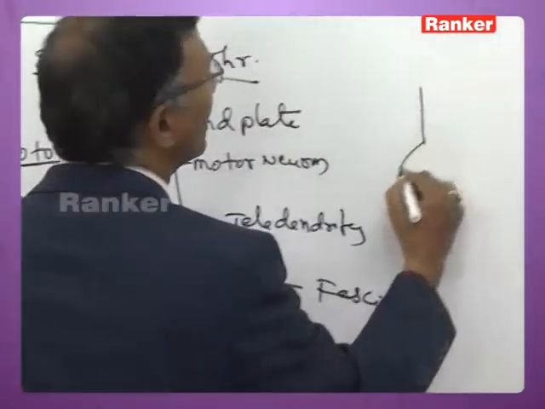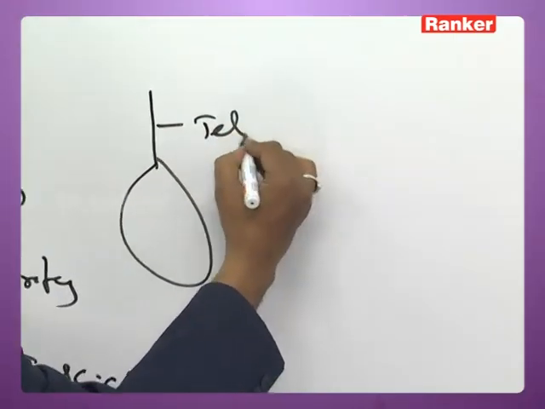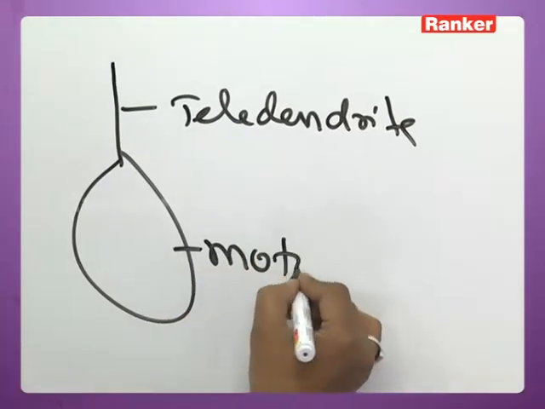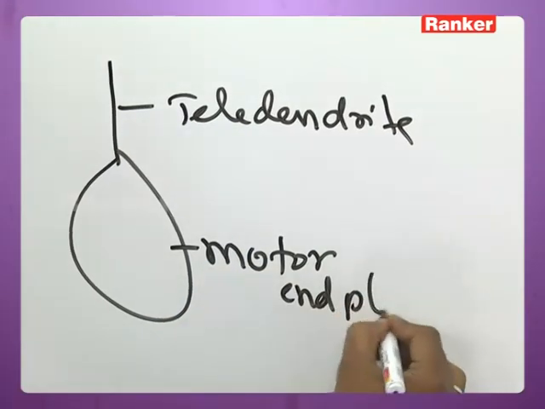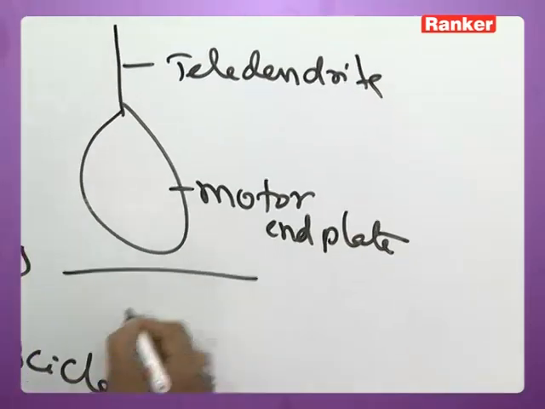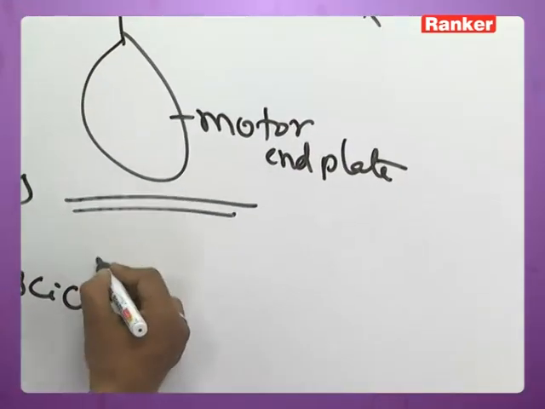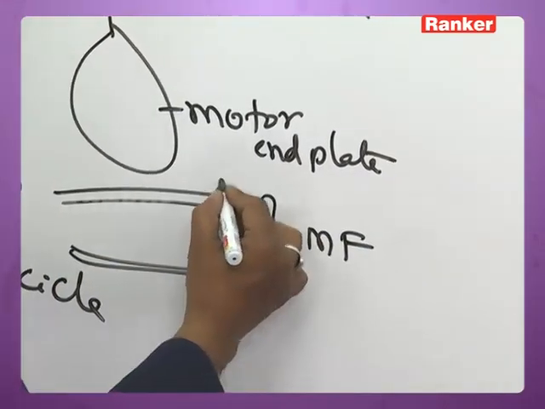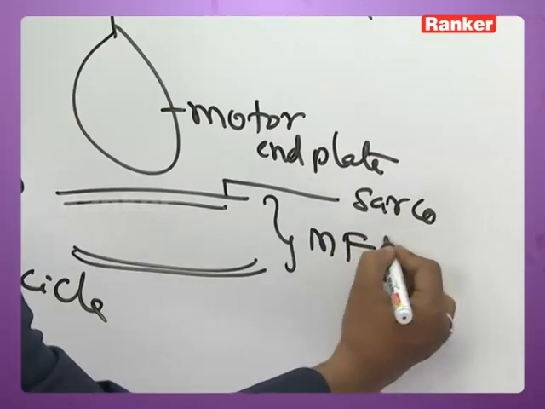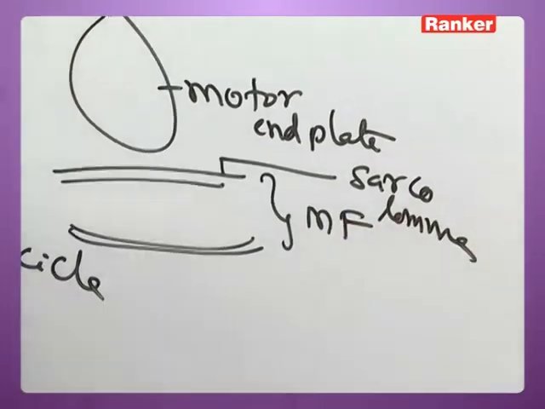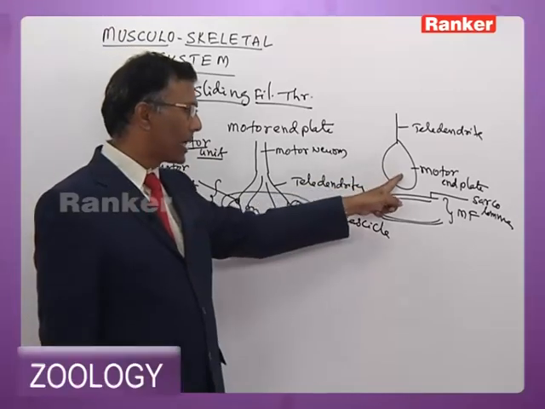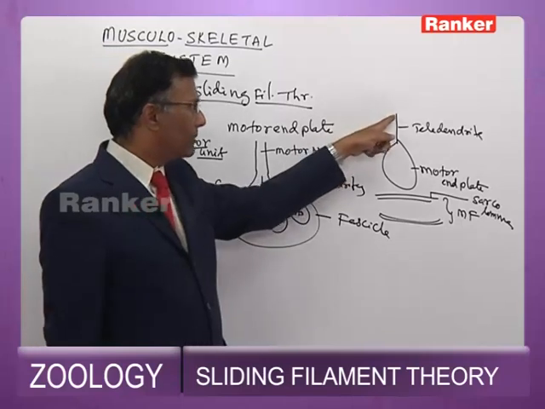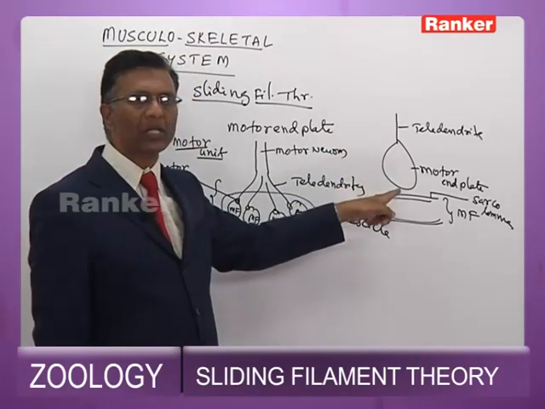This is the telodendrite, this is the motor end plate, and here you have a muscle fiber, this is the sarcolemma of the muscle fiber. So here this is a synapse, the motor end plate comes in contact with the sarcolemma to form the myoneural junction.